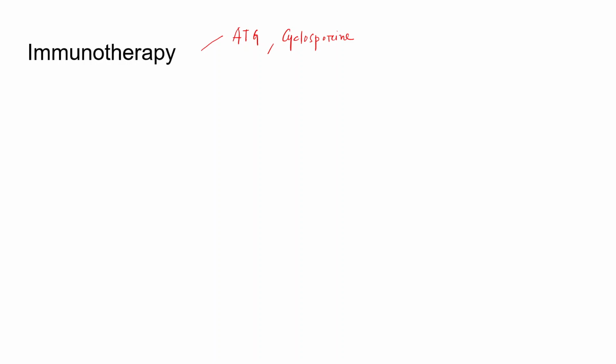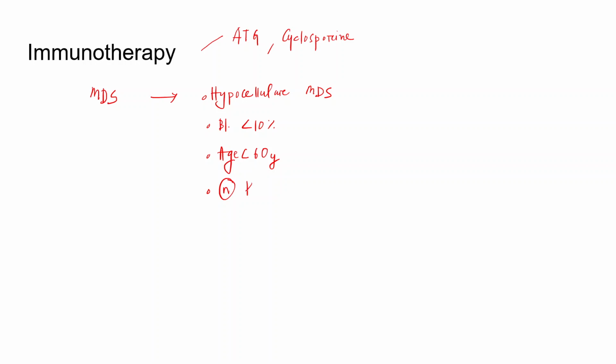And immunotherapy has some role in patients with MDS who have hypocellular MDS, with a blast count of less than 10% in marrow, and age less than 60 years, and they will have either a normal karyotype or trisomy 8.